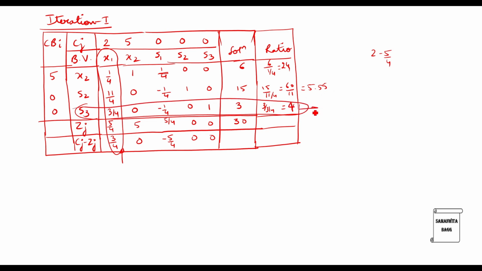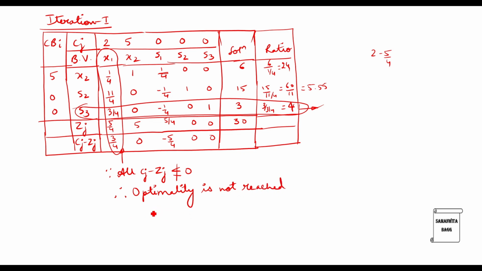S3. So I write down: since all Cj minus Zj are not less than or equal to 0, therefore optimality is not reached.